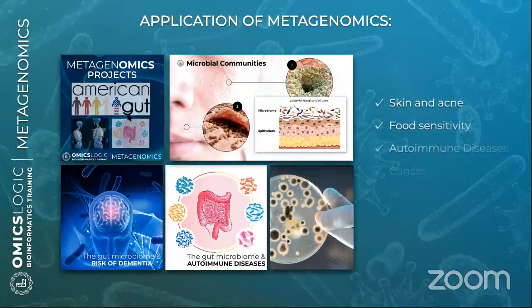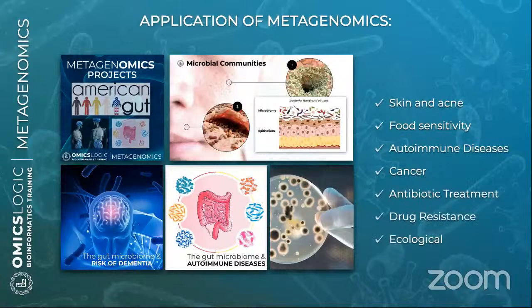So we'll take examples from skin and acne, sensitivity of the gut microbiome, and these different conditions to play around with the different methods of analysis and understand that in the context of different types of questions and data sets, we should use appropriate methods to process and annotate as well as visually present our data.